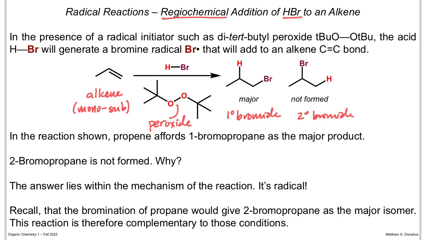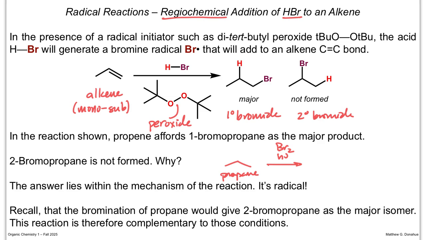So to draw that out briefly, if we were to take propane and treat it with bromine and light, propane has two unique sets of hydrogen, primary and secondary.